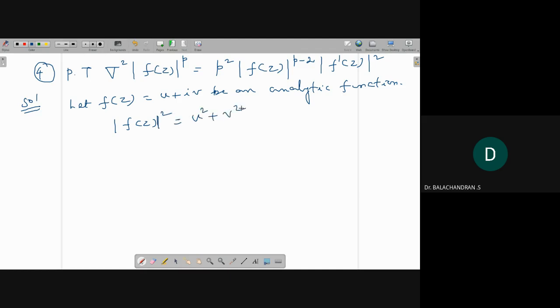Now actually I need modulus of f of z whole power p. So modulus of f of z equal to u square plus v square whole power half. So this implies modulus of f of z whole power p is equal to u square plus v square whole power p by 2.